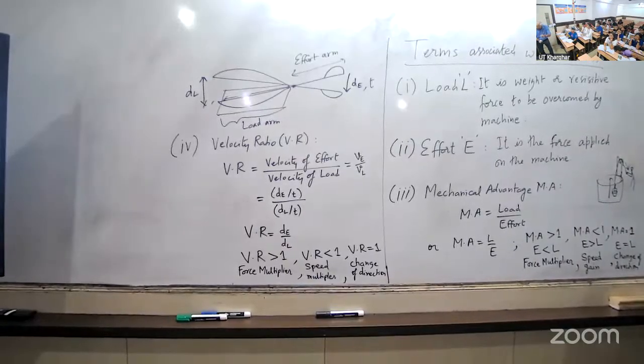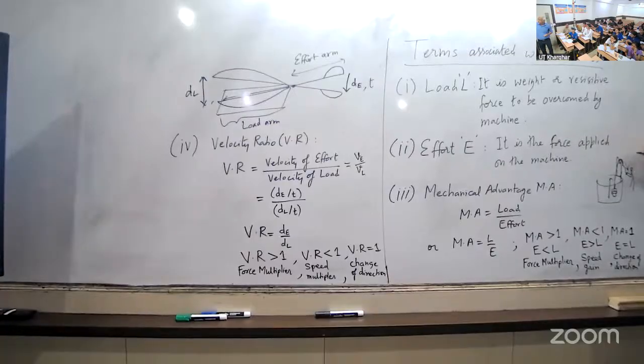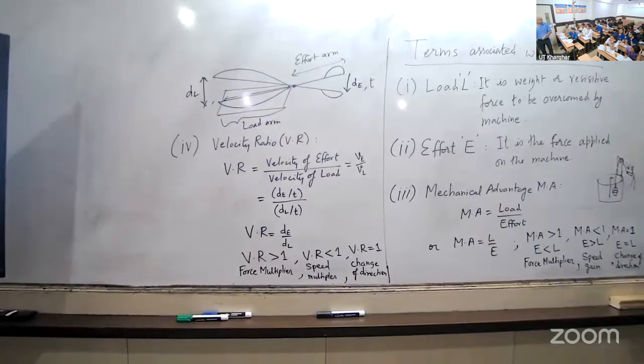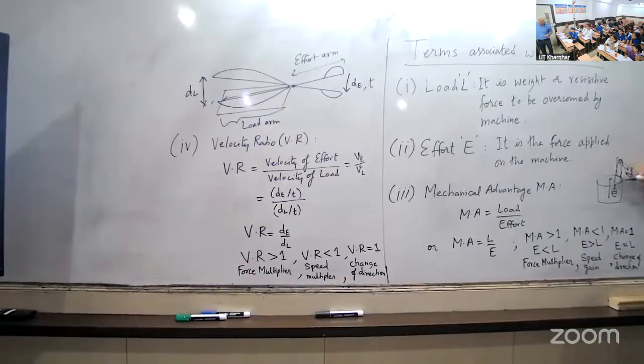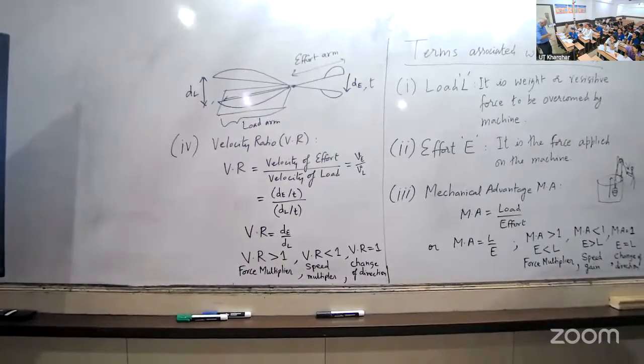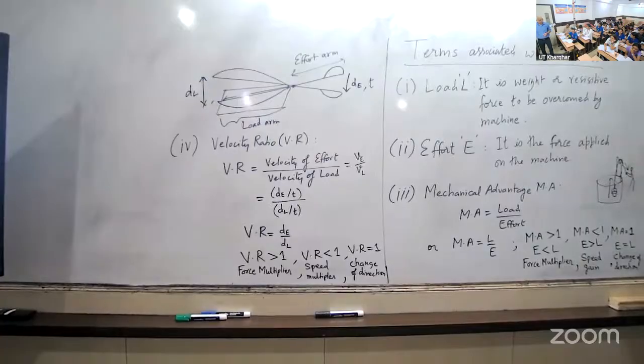So when you're pulling it now, you can also use your body weight, right? Earlier, you had to use your muscle strength. Okay, no body weight was used. But in this case, when you use a pulley, now the direction of effort is downwards. So it is much easier to pull now. But if you're pulling it directly up, then you have to apply your muscle strength only. No support of your body weight. Okay, so this is change of direction.